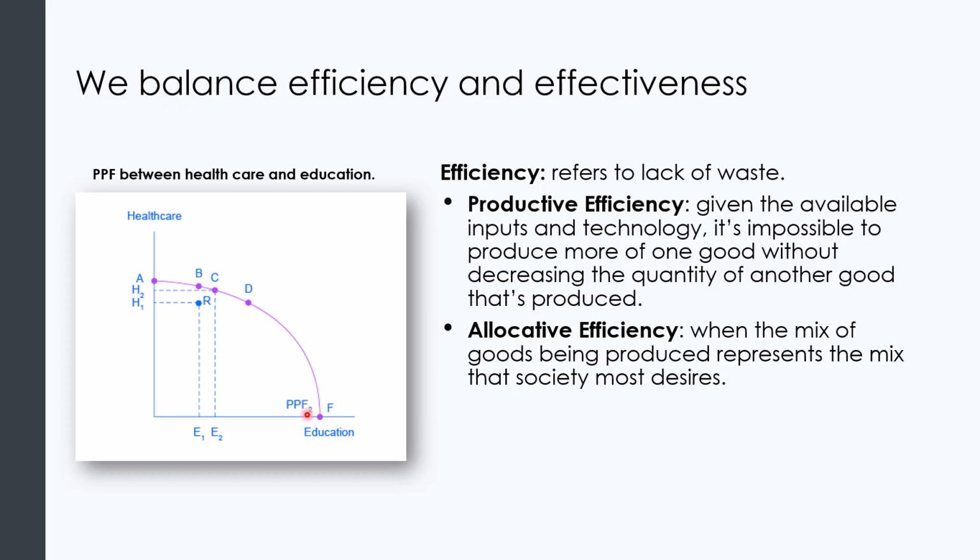And economists assume that we are wanting to be efficient and effective by being allocatively efficient and then utilizing those resources to maximize the good for the society at large.